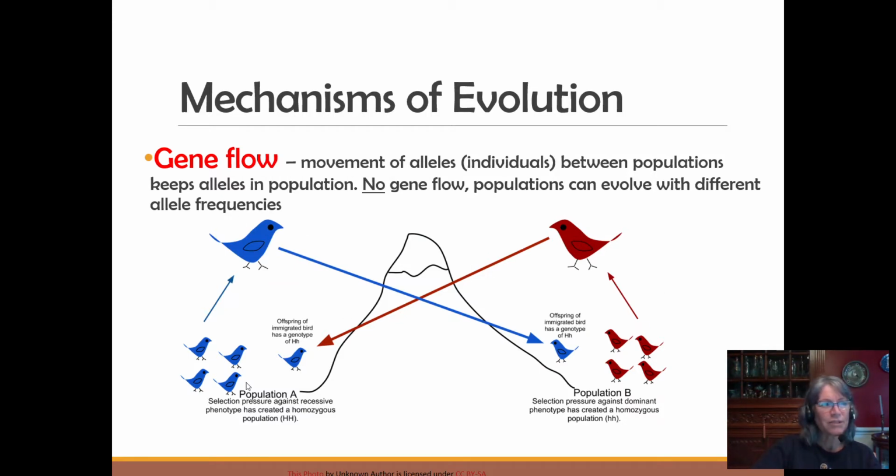So we are introducing this dominant allele to this population and this recessive allele here, keeping them in the population. If we don't have that gene flow, we just have this separation, then we'll get that change in allele frequency. So no gene flow, if we completely isolate populations, then we don't continue to have that exchange of alleles.